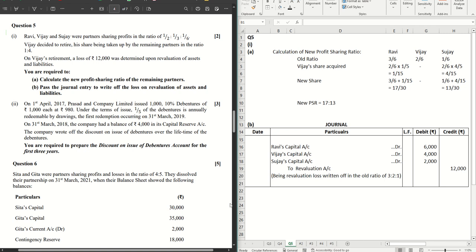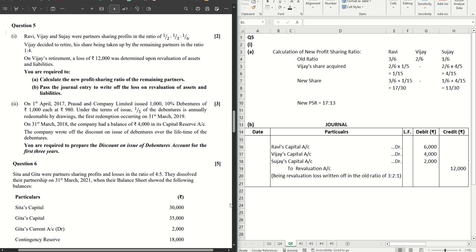In the first one, we have three partners, Ravi, Vijay, and Sujay, who have their old PSRs in the ratio 3 is to 2 is to 1. And Vijay decided to retire. His share is being taken up in the ratio 1 is to 4 by Ravi and Sujay. Now, this is different from other sums.